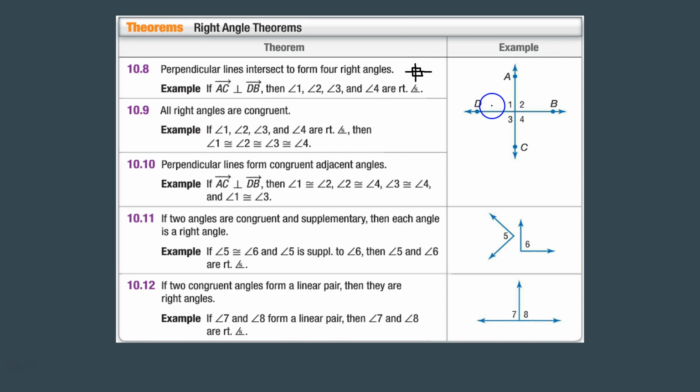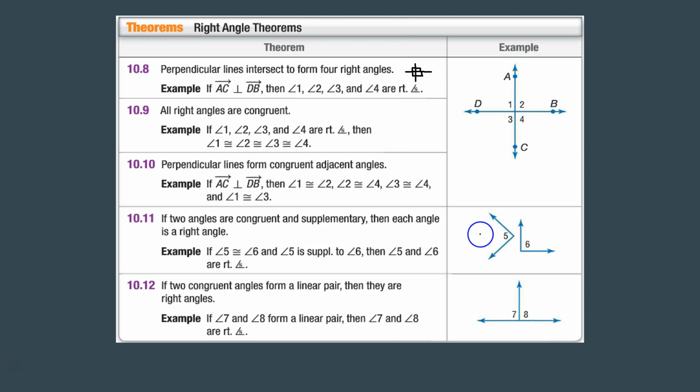Then perpendicular lines form congruent adjacent angles. So in our case, we have angle 1 is congruent to angle 2, angle 2 is congruent to angle 4, angle 3 is congruent to angle 4, and angle 1 is congruent to angle 3. If two angles are congruent and supplementary, then each angle is a right angle.